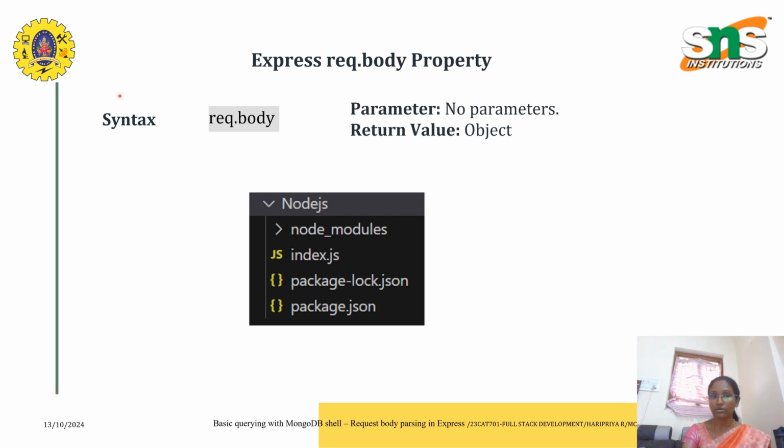So what is the syntax here? The req.body property carries the request data to the database. It takes no parameters in Express. The return value is an object, containing the properties of the data we send. Clear?